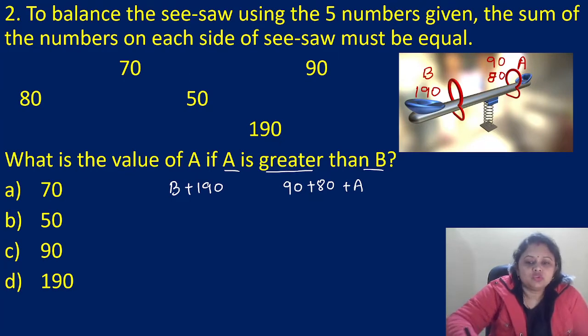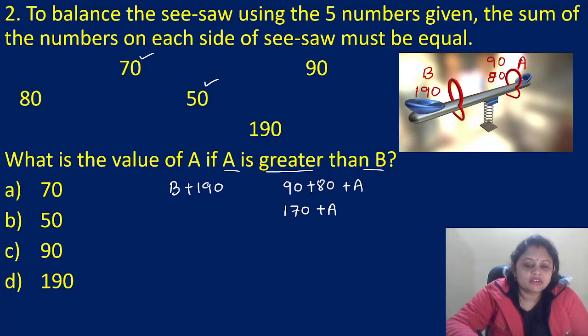So what we will do here, if we add 90 and 80, what we will get? 170 plus A. Okay, so here 190 plus B, here 170 plus A, and we are now left with two numbers. What are the numbers? 70 and 50.